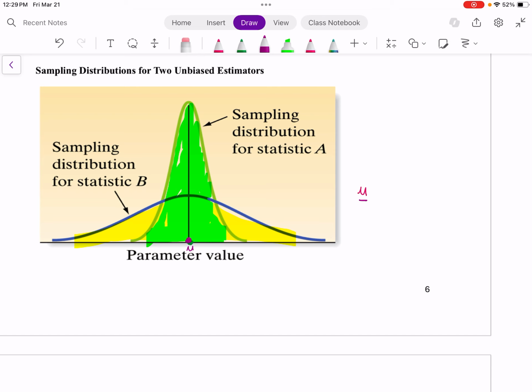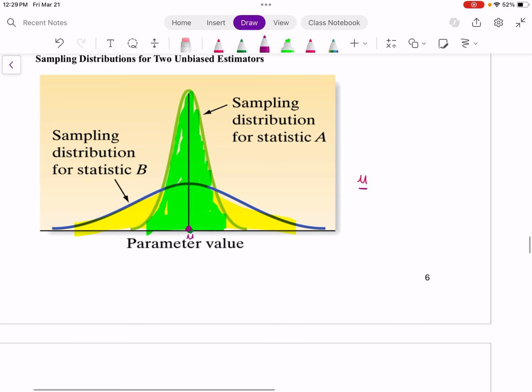We always want our sampling distribution to be less spread, meaning a small standard deviation. So we always pick a sampling distribution which is unbiased and has a smaller standard deviation. That is the best estimator for our parameter.